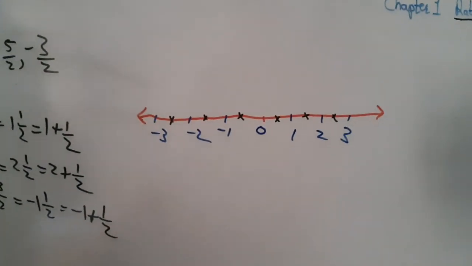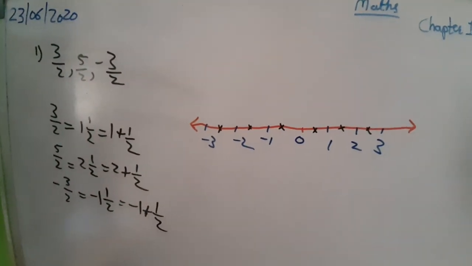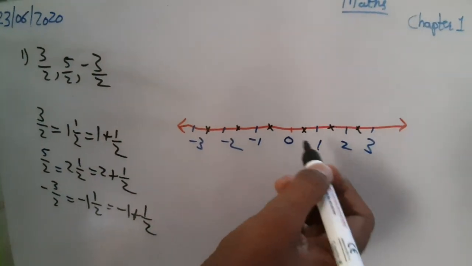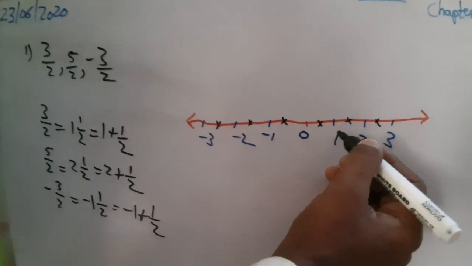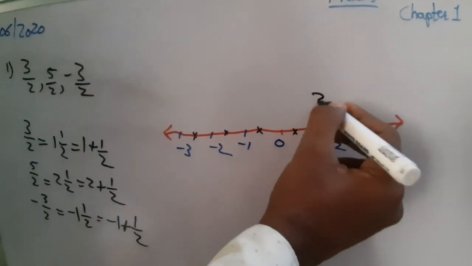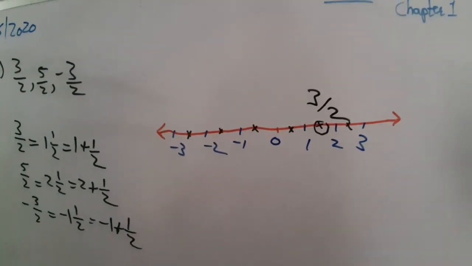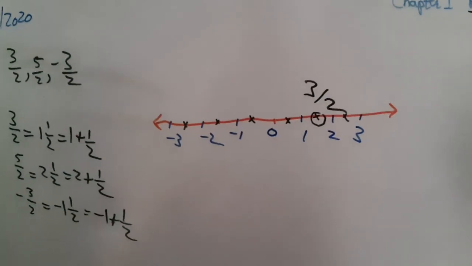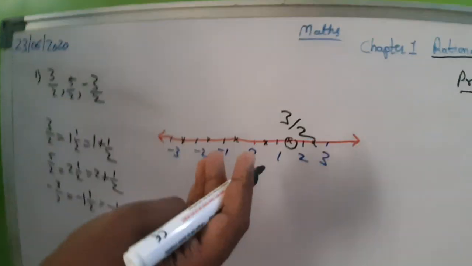See, what is the first point you have to plot? 3 upon 2. 3 upon 2 means 1 and a half. After 1 positive, on the right side of 0, after 1 means 1 and a half. I can write here 3 by 2. This is your first point plotted on the number line. When you consider 5 upon 2, what is seen here? 2 and a half.